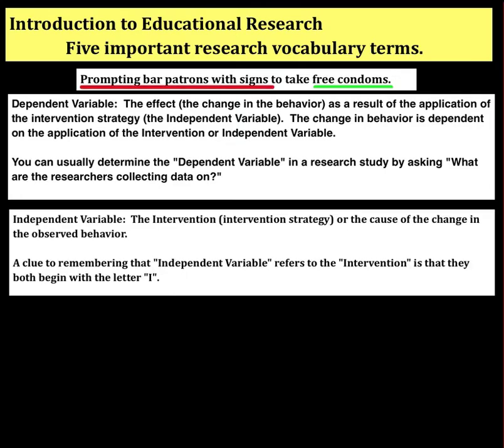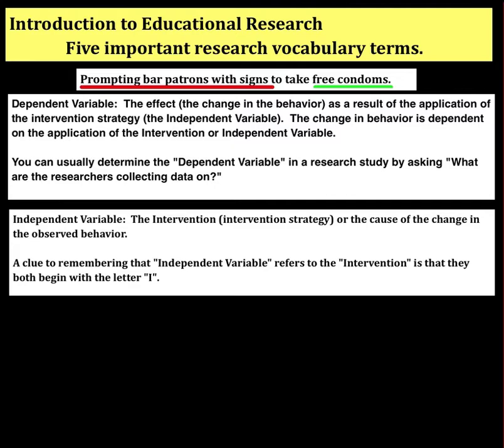Now, the independent variable is the intervention or the intervention strategy. It's the cause in a cause and effect relationship. It is what causes the change in the dependent variable. So if you take a look up at the title of the research article, Prompting Bar Patrons, you'll see underlined in red, prompting bar patrons with signs.